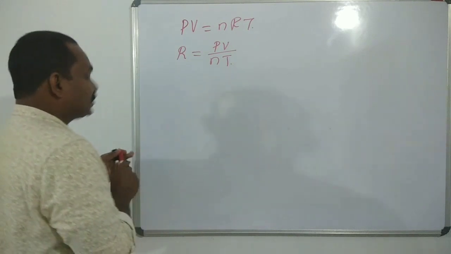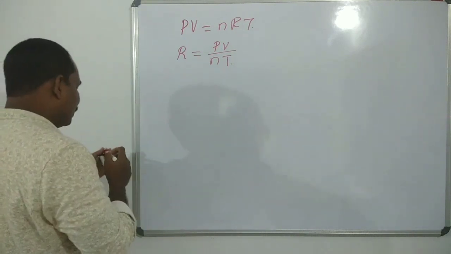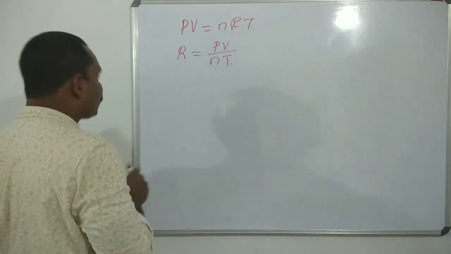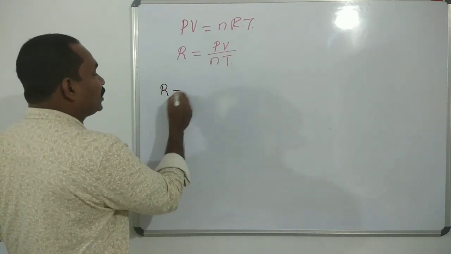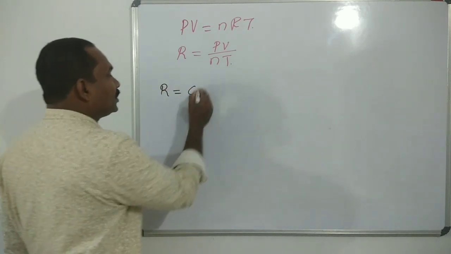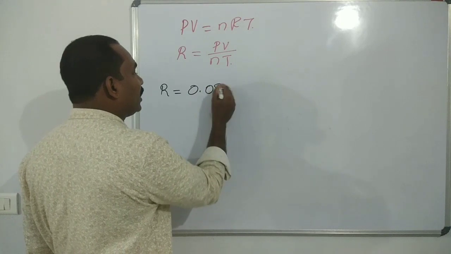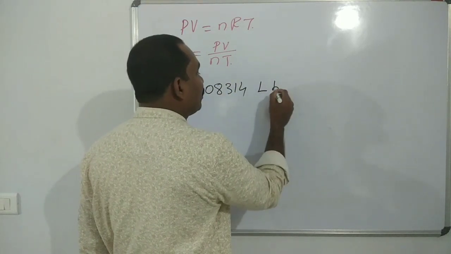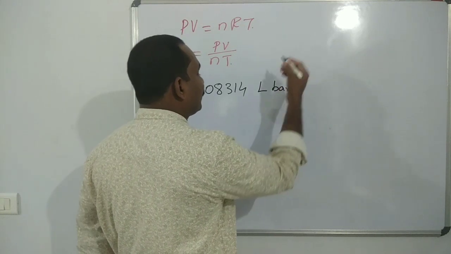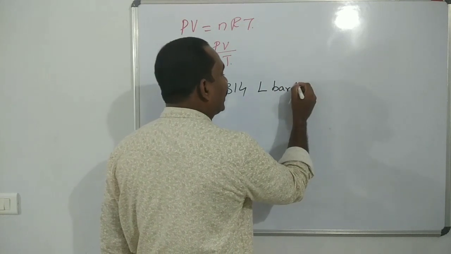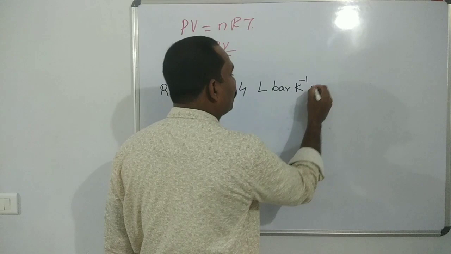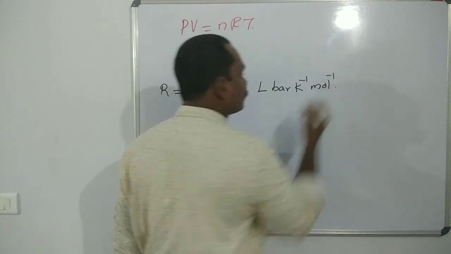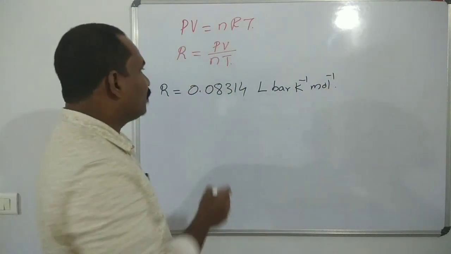First, R is equal to 0.08314 liter bar Kelvin inverse mole inverse.